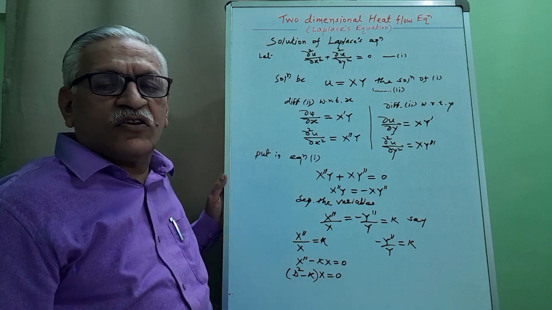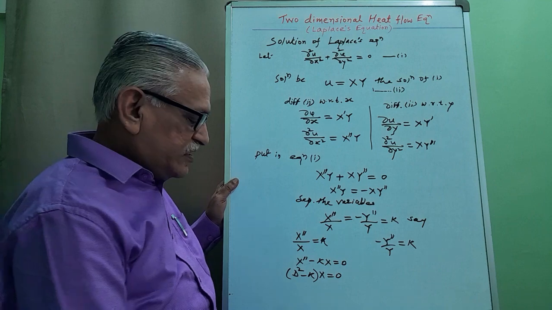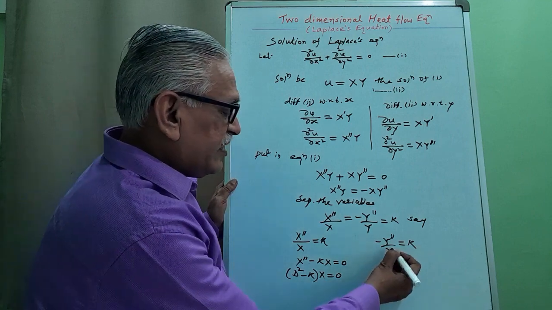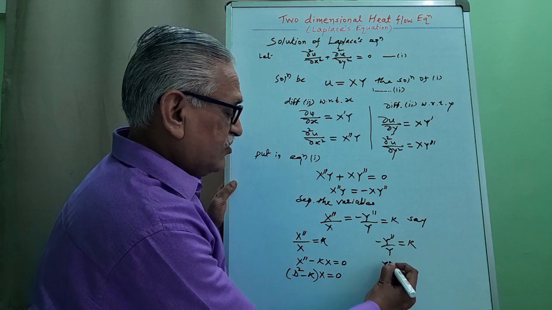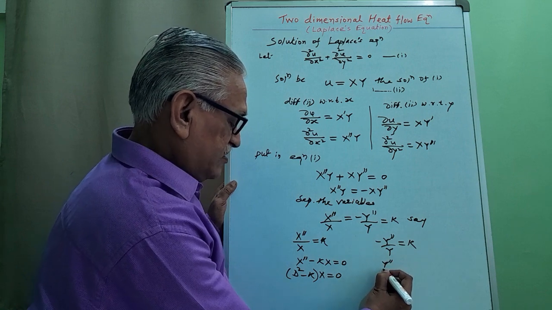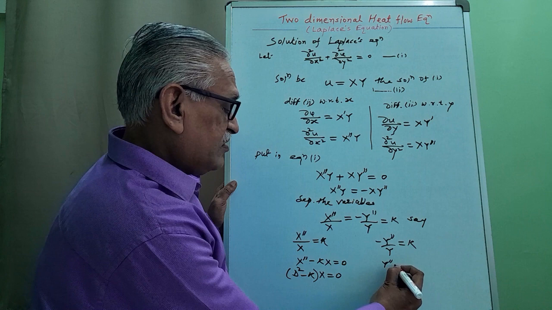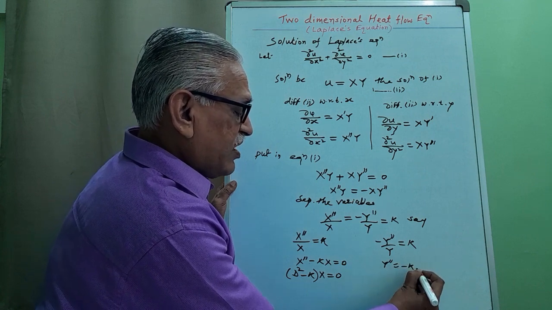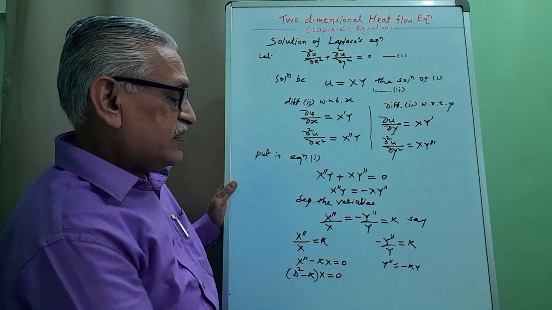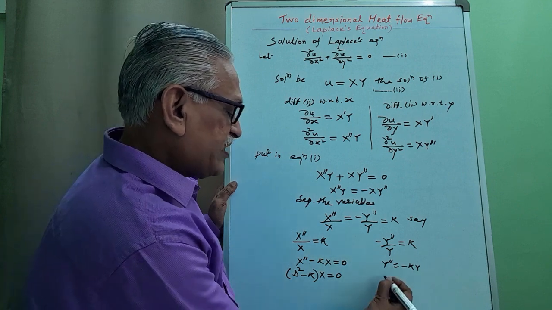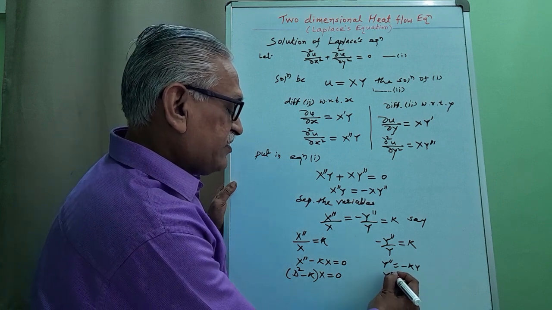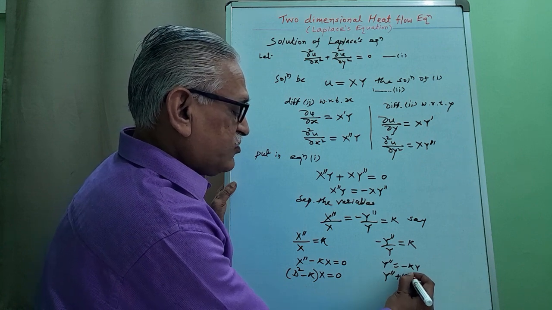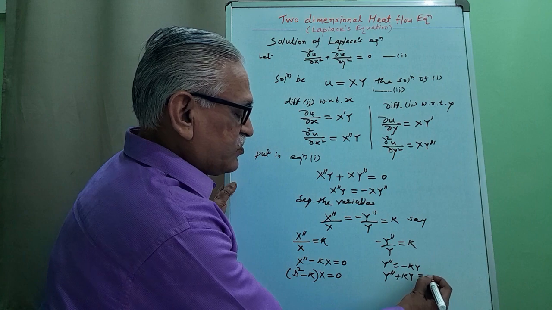We get a second order linear differential equation which we have to solve for capital X, and from this we get Y double dash equal to minus kY. Then transferring this to the left side we get Y double dash plus kY equals 0.